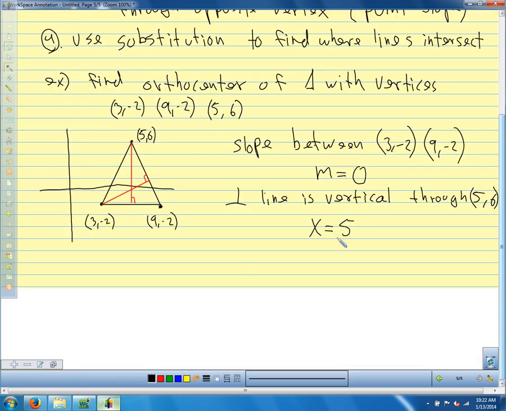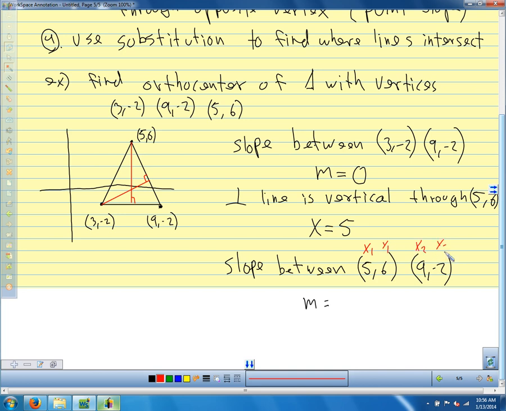So we have the equation of one of our lines. Now we need to find the slope between these points, between (5, 6) and (9, -2). So how do we find the slope between 2 points? Let me give you a hint: x1, y1, x2, y2.